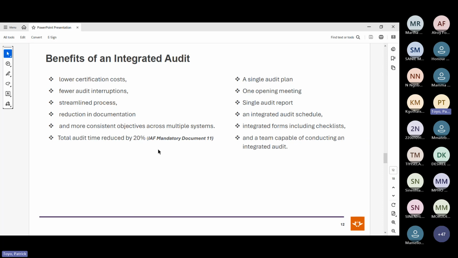I think the big one is from the IAF document 11, that the total audit time gets reduced by 20% through integrated audit. If you've done IMS by this time, you should be able to think of the benefits yourself.